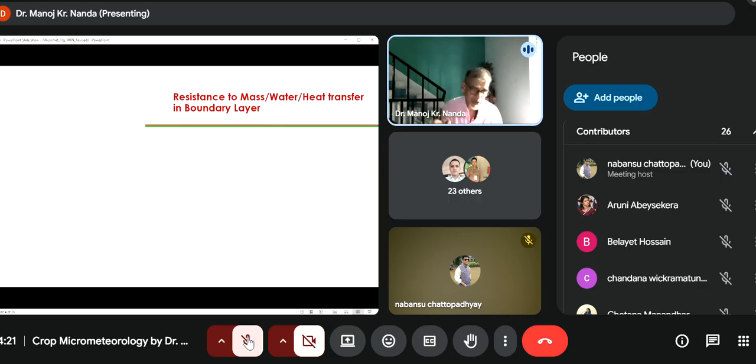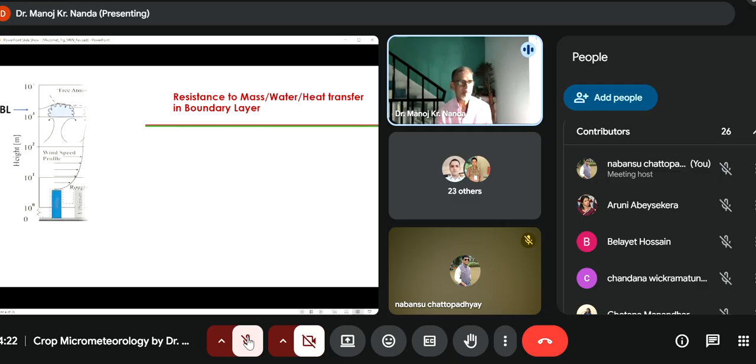In that case, the PBL is your source and the surface is your sink. If you think of respiration, the flow is reversed. Water is also similar, with evaporation and condensation. Anyway, the flow is from top to bottom or bottom to top, but it has to pass through this PBL. So these PBL characteristics are important, and to know them, let us understand the PBL a bit more.